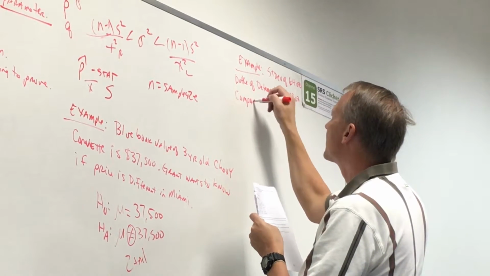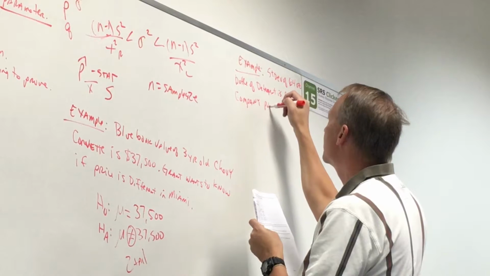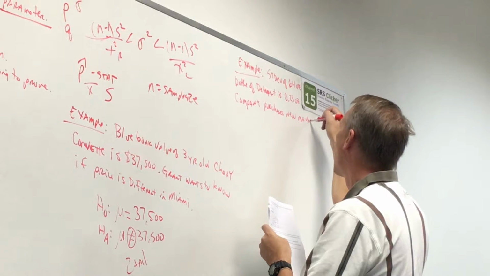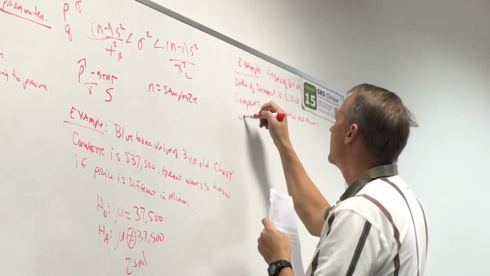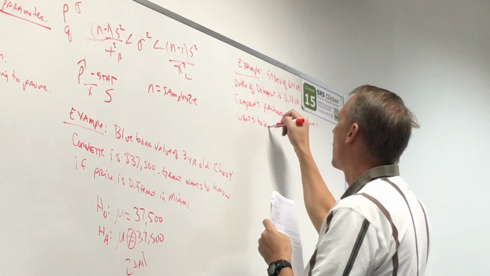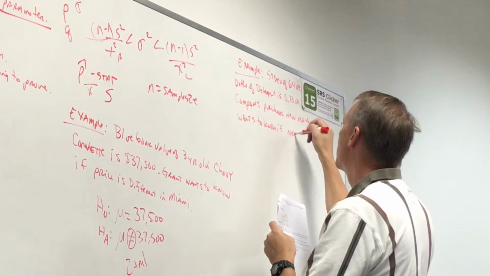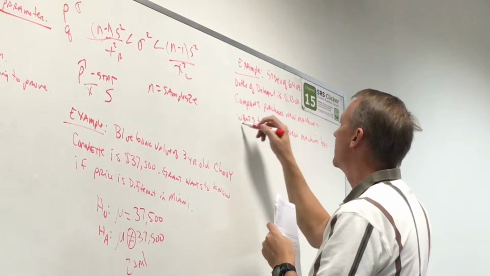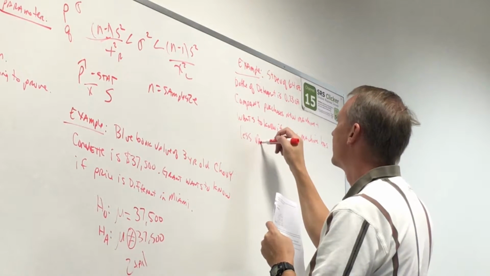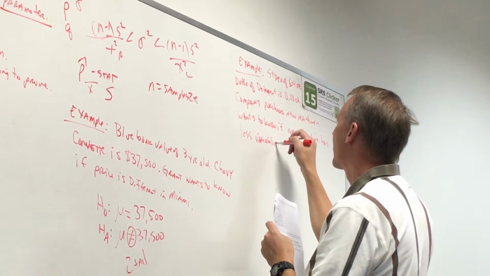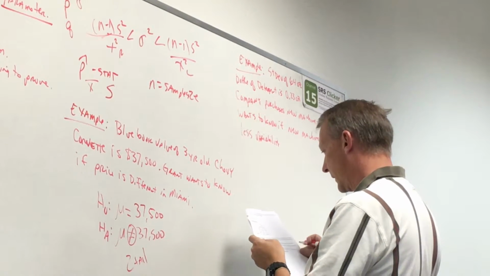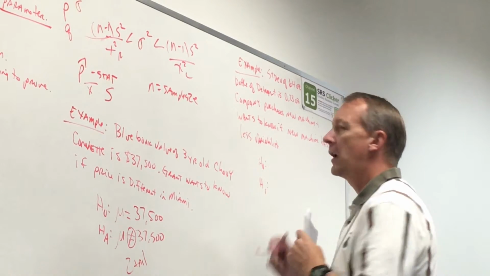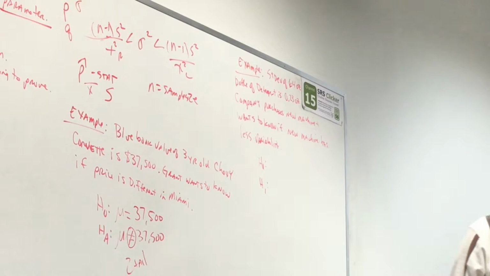A company purchases a new machine and wants to know if the new machine has less variability. Okay. Find the null and the alternative hypothesis.